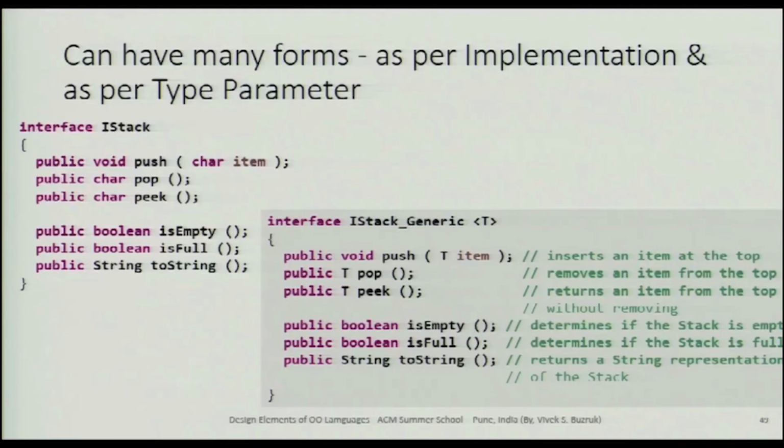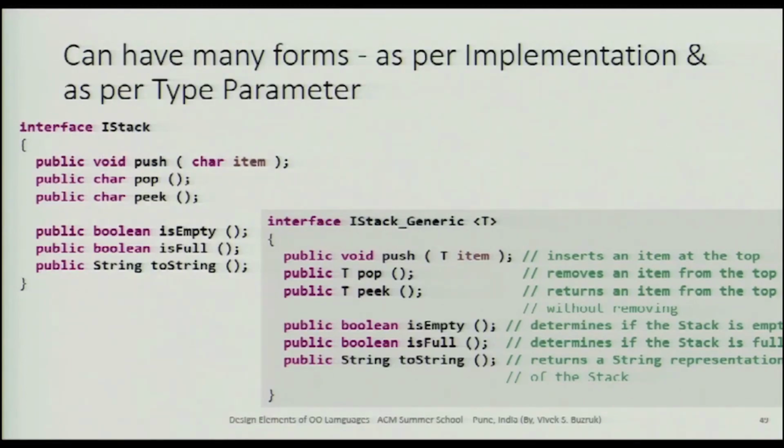If we implement this particular stack, then it becomes just a stack of character, only the implementations will change, but it will still remain the stack of character, correct. Just the implementations may change, because in one place I may use a linked list as an implementation, in another place I may use an array, or whatever it is.